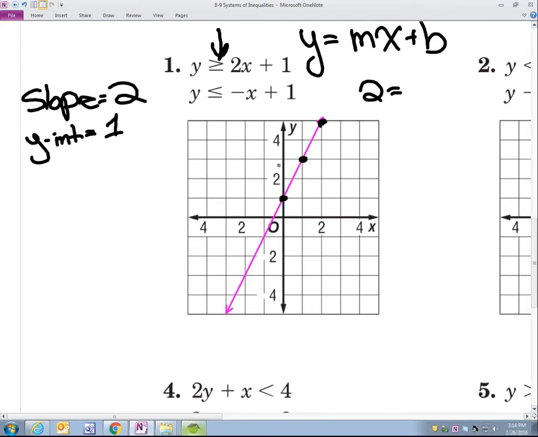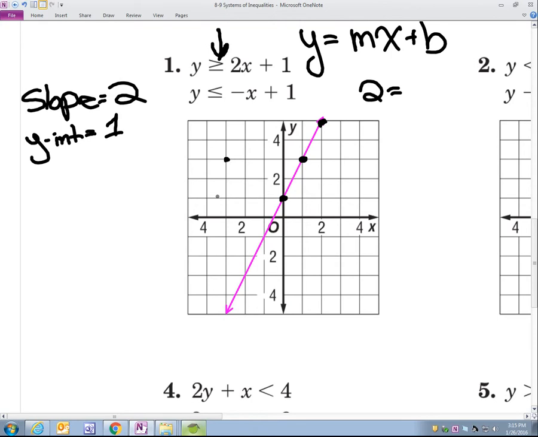But if I pick a point over here and it comes out not true, for example, 2 is greater than 1, that would be true, but if it had 2 is less than 1, that doesn't hold true, so the other side would be shaded. Let's get down with it.